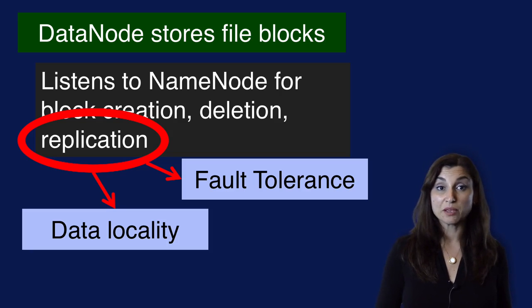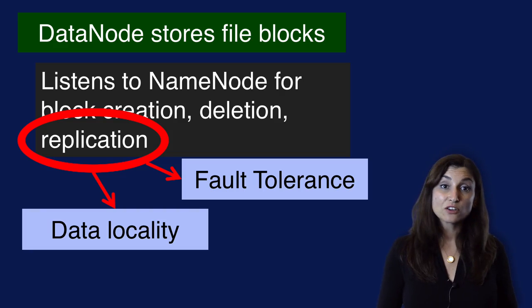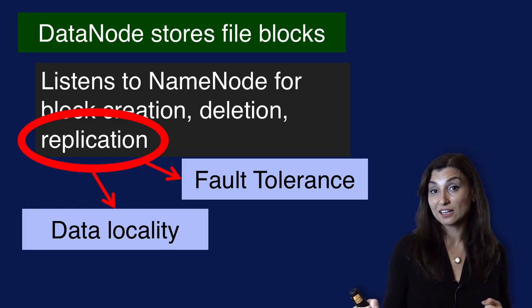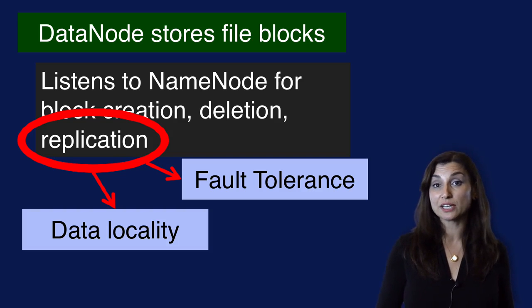A location may mean a specific rack or a data center in a different town. The location is important since we want to move computation to data and not the other way around. We'll talk about what moving computation to data means later in this module.